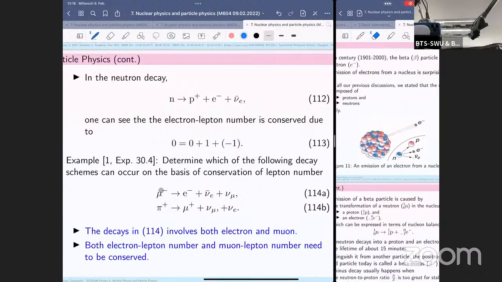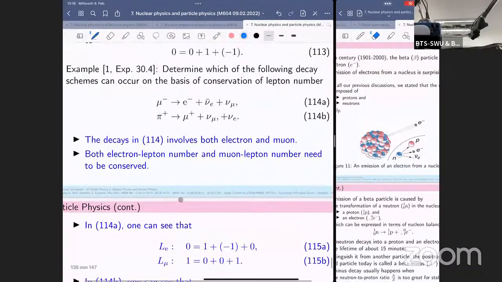Next, you end up with an electron, an electron anti-neutrino, and a muon neutrino. So let's see whether this one corresponds to the conservation of electron-lepton number or not.